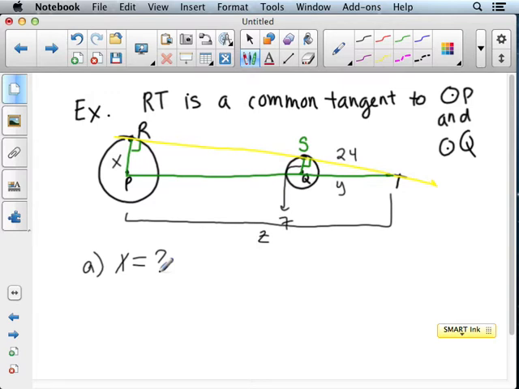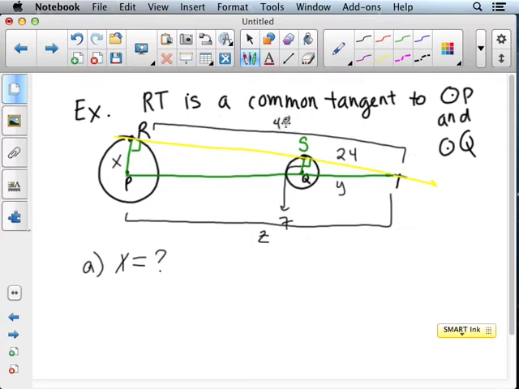Where did we get 48 from? Oh, because it says RT equals 48. Sorry, I'm missing some information here. This whole thing is 48.